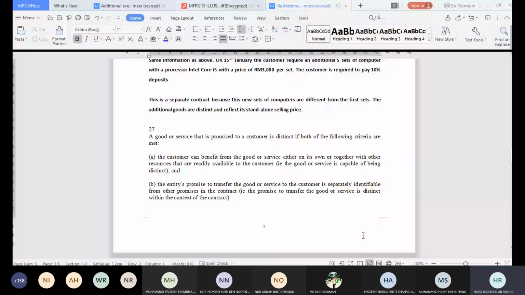But if it does not reflect its stand-alone selling price, then you will go to no. However, the additional product might be distinct, then you just terminate the old contract and then create the new contract for the remaining units to be delivered to the customer.